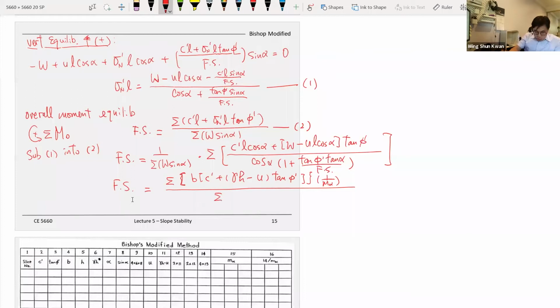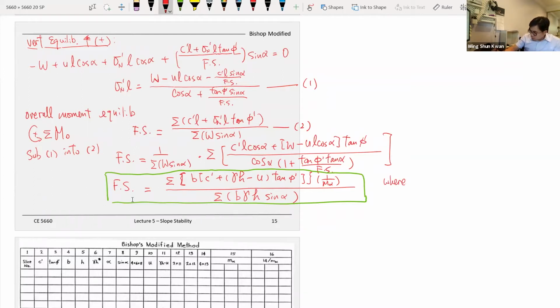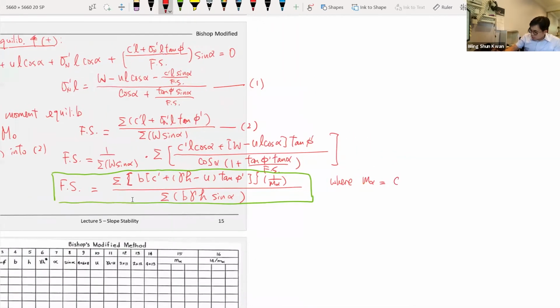So these are the equations at the end of the day, which Bishop recommends, in a kind of tabular form, like in the old days, like a software. So right there, this m sub alpha is equal to this value.